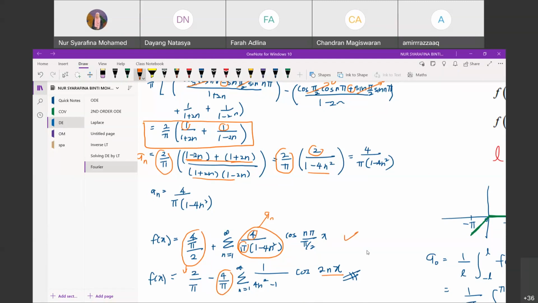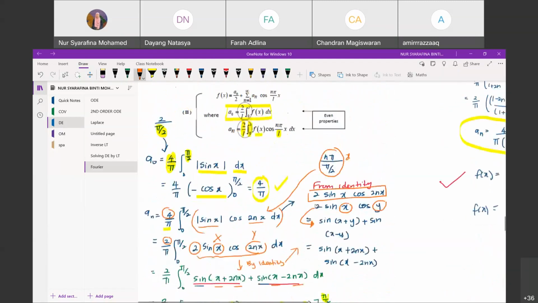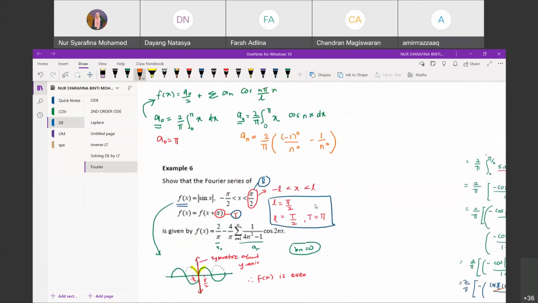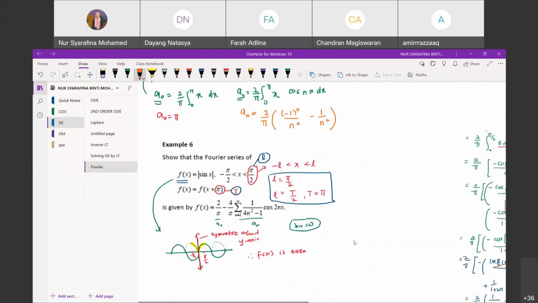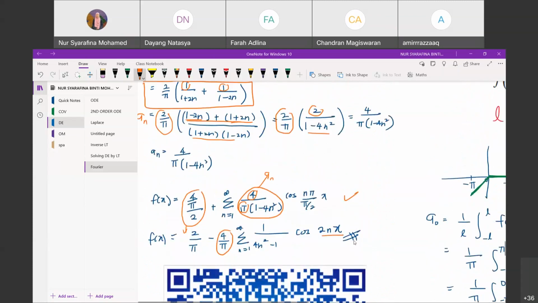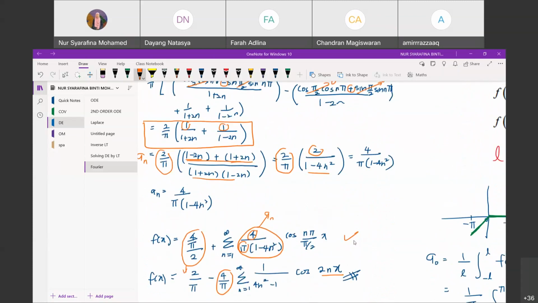But we have to show that it is equal to the expression given, which is 2 over pi minus 4 over pi summation of 1 over 4n squared minus 1 times cos 2nx. So instead of this, you just rearrange, and the sign also changes. Then it is over. Is that clear?